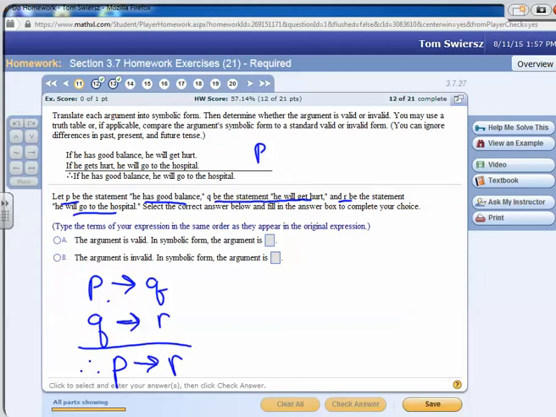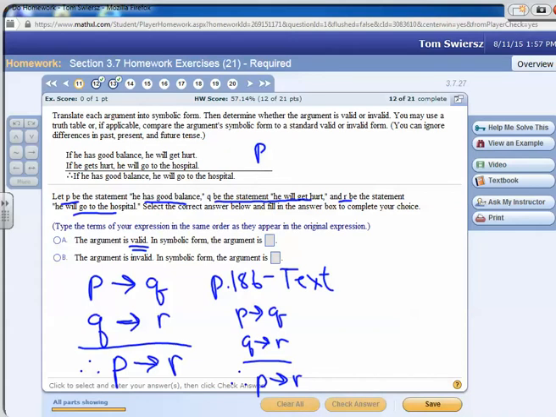Okay, so actually, this argument is valid because on page 186 of the textbook, this form exactly, if P then Q, if the first implies the second and the second implies the third, then the first implies the third, is transitive reasoning.